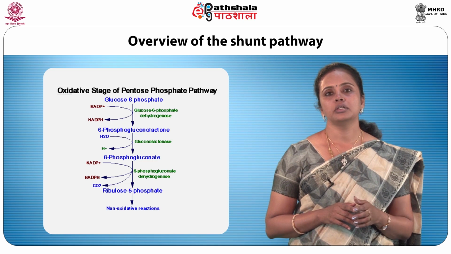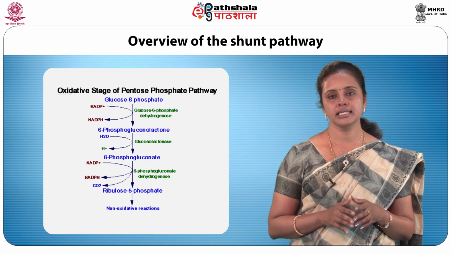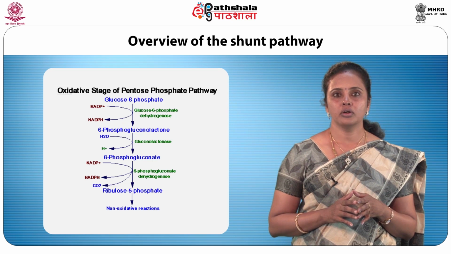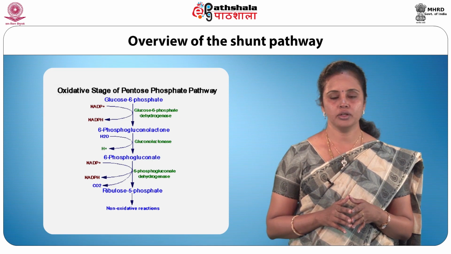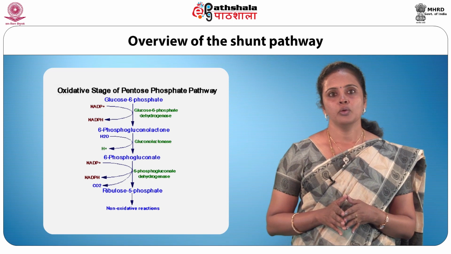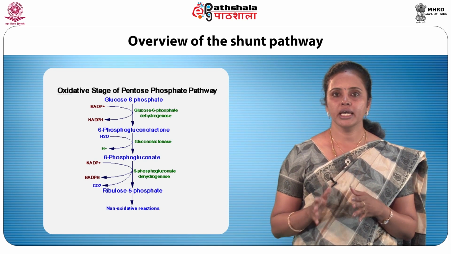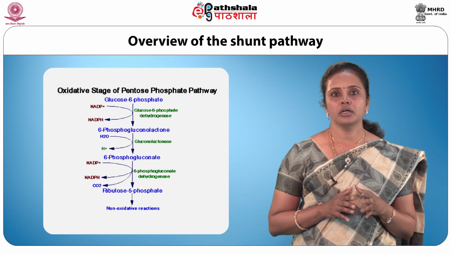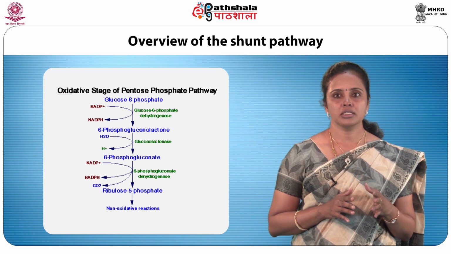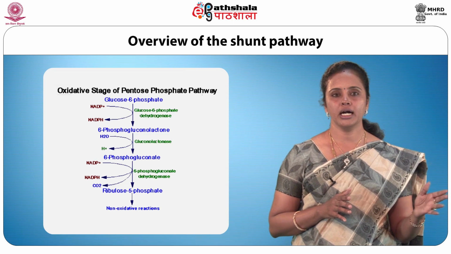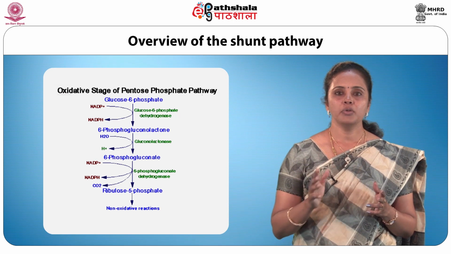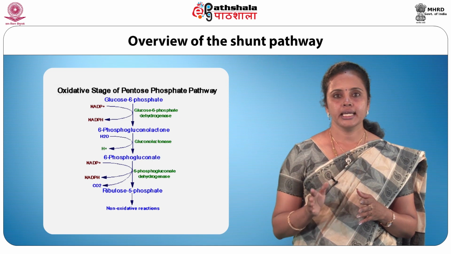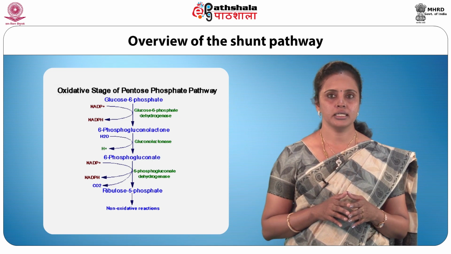In step 2, this lactone is hydrolyzed by the enzyme lactonase to form 6-phosphogluconate, which is a linear molecule. And in step 3, which is an oxidative step, together with decarboxylation, the enzyme 6-phosphogluconate dehydrogenase will oxidize alcohol to a carbonyl and decarboxylate to give ribulose 5-phosphate, and a second molecule of NADPH is generated.